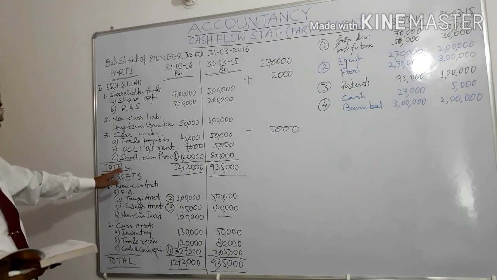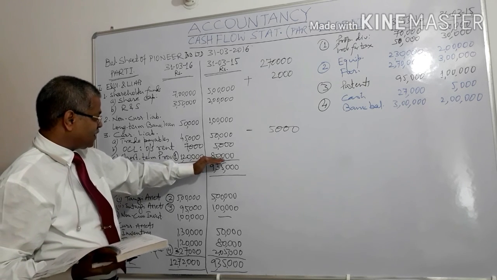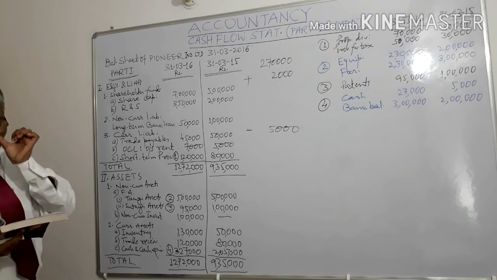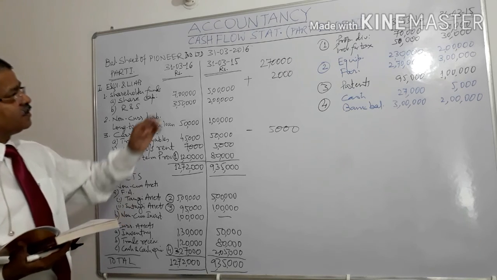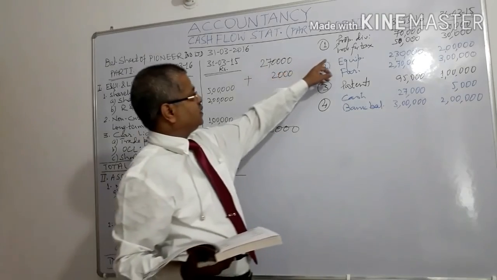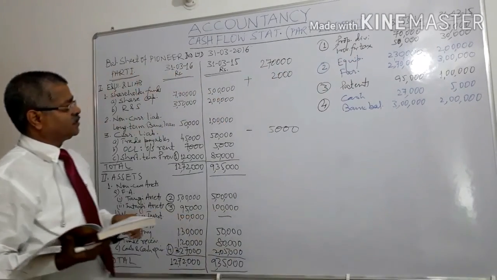Then we come to short term provisions. Short term provisions have increased from 80,000 to 120,000, right? Short term provisions which we have discussed here, one number, it has increased from 80,000 to 120,000.